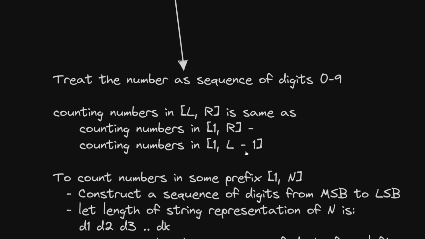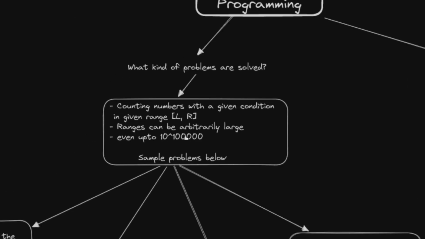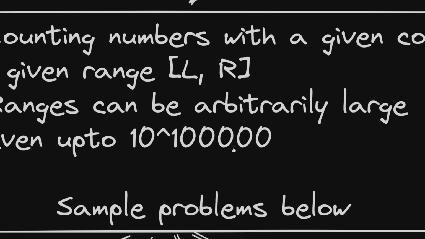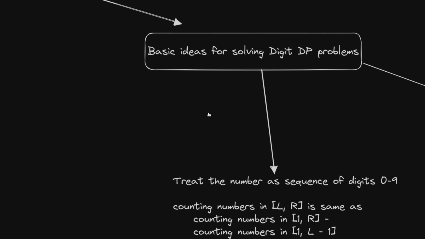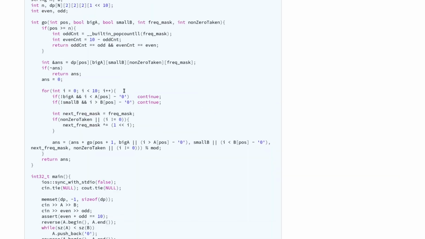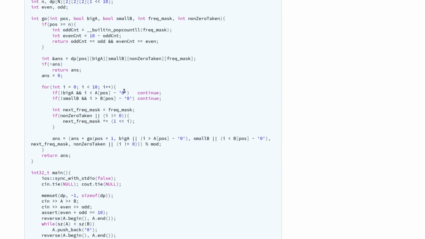Usually whenever L and R are up to 10 to the power 18, they can be represented in a 64-bit integer, and you can directly perform the operations and then convert it into string format. But if the numbers are as large as 10 to the power 5 digits, then it might be difficult. Hence this approach is also helpful sometimes.